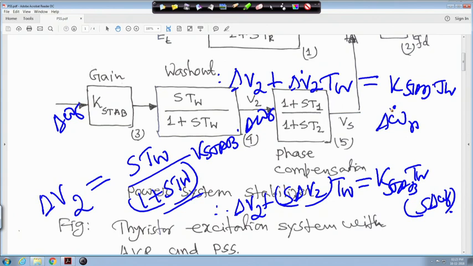Now, if you want to get the state variable equation for this delta V2 dot, then delta omega r dot you have to substitute. Go back to equation 267, the first equation, where delta omega r dot is given in terms of delta omega r and delta EFD, right.